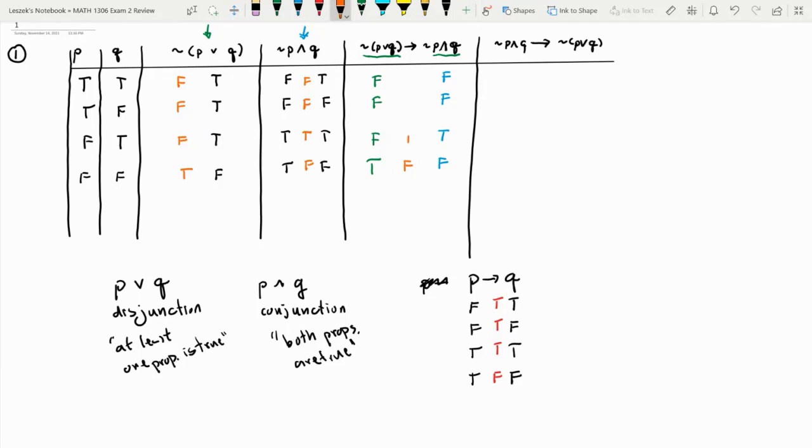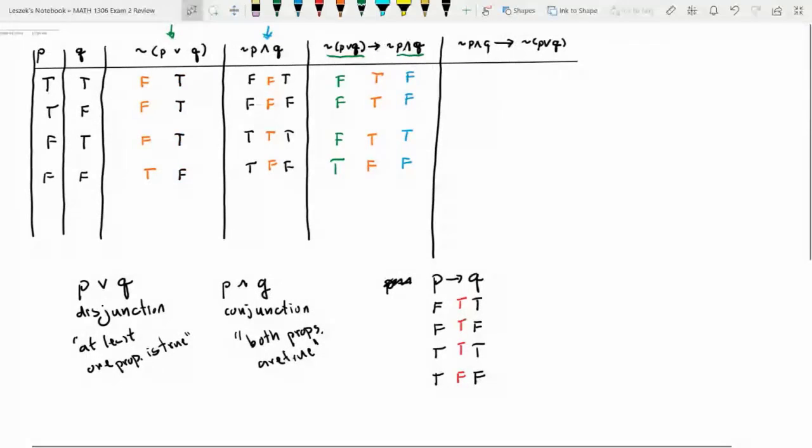Otherwise, the statement is true. And of course, in the last column, we reversed the antecedent and the consequent, right? So we have the converse of the preceding column.